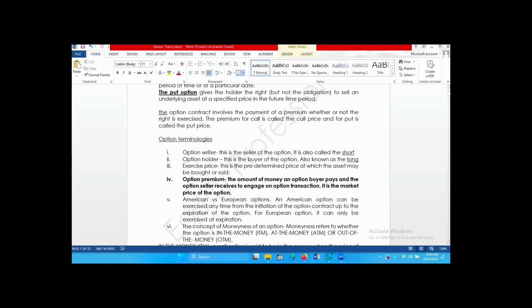The option premium. We have explained this. This is the amount of money an option buyer pays and the option seller receives to engage in an option transaction.